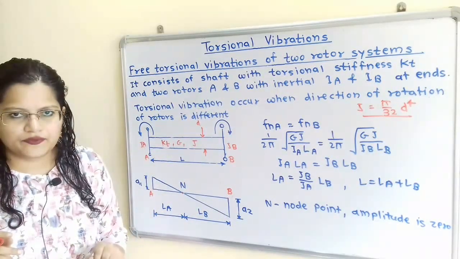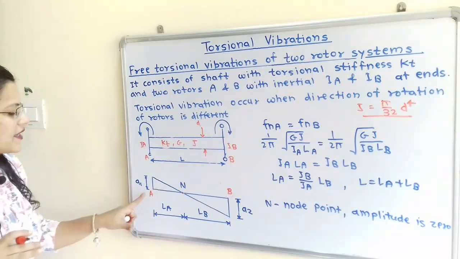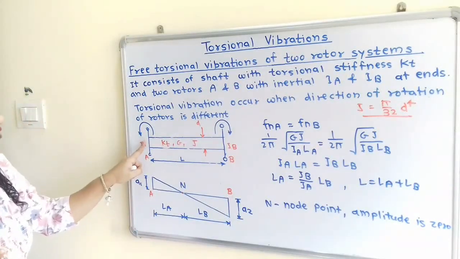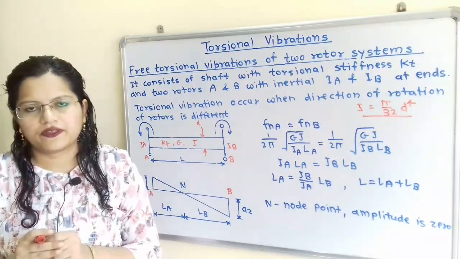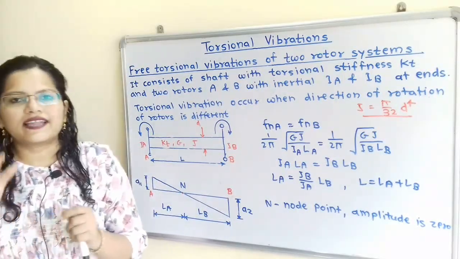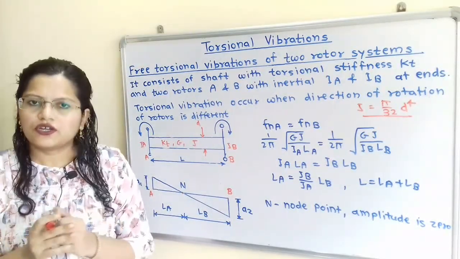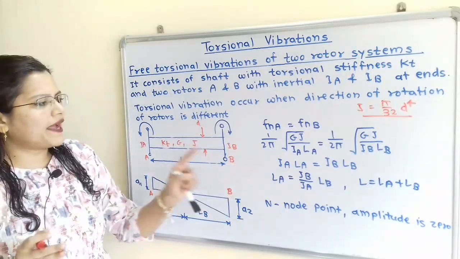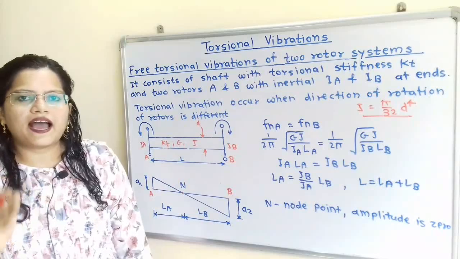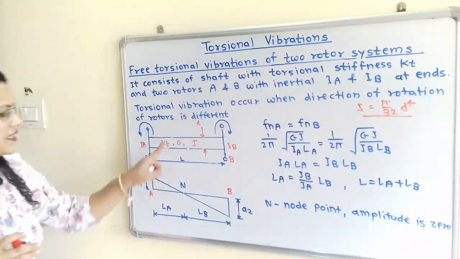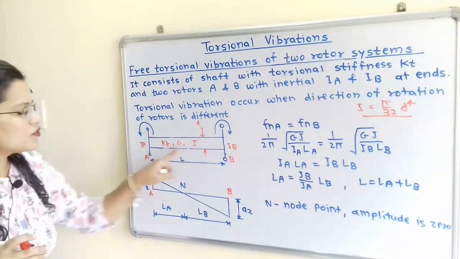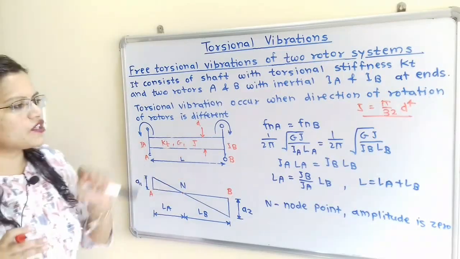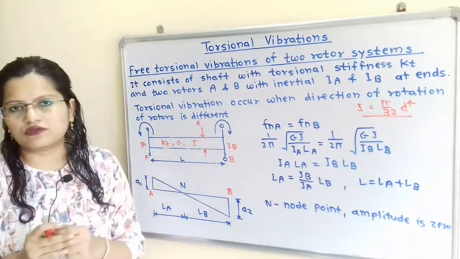Now the natural frequency for these two rotors, that is A and B, should be same. Now how to find out the natural frequency for the rotor? It is 1 by 2 pi under root of GJ by IL. Now G is common, it is known for the shaft, and J is also common because it is related to shaft.